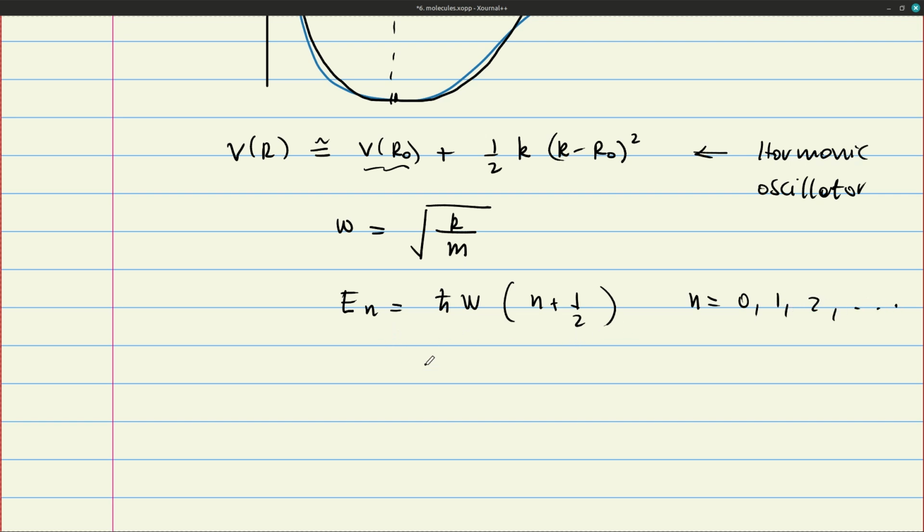So you can see there is always a zero point energy for n equal to 0, and that's due to the uncertainty principle. We cannot put this exactly there. There has to be a jiggling from the laws of quantum mechanics. This is due to Heisenberg uncertainty.